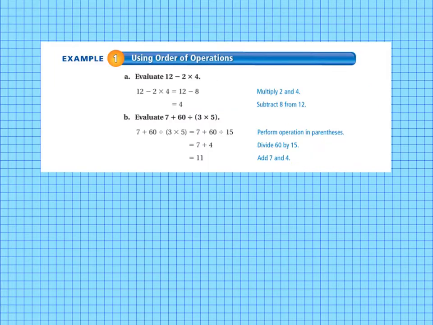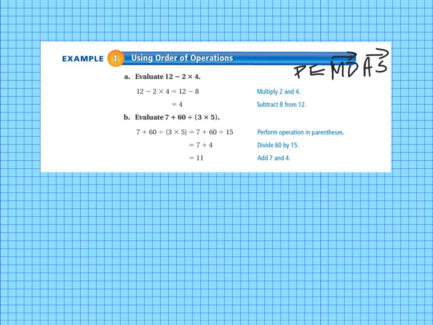So let's move on to example 1 using order of operations. First, we're going to evaluate 12 minus 2 times 4. So remember, we look at parentheses, exponents, multiplication and division, left to right, addition and subtraction, left to right. So we don't have any parentheses, we don't have any exponents, so our next thing is to multiply and divide left to right.